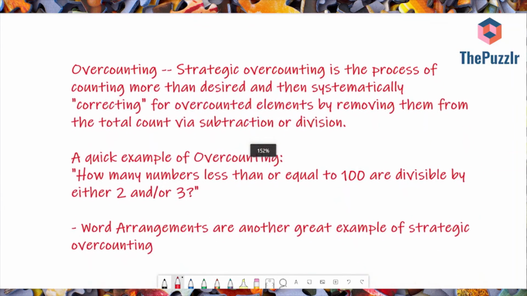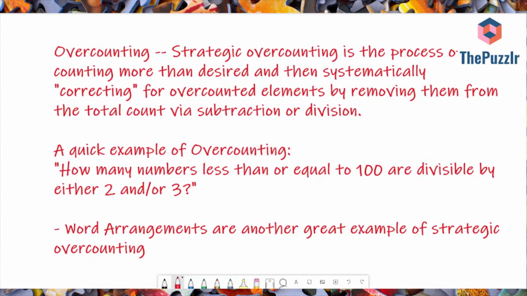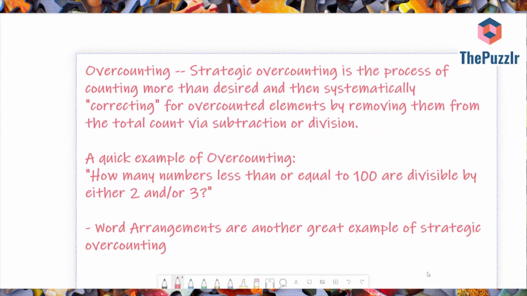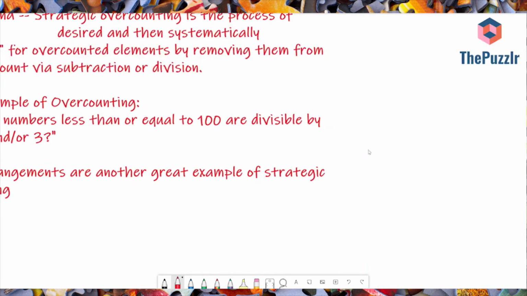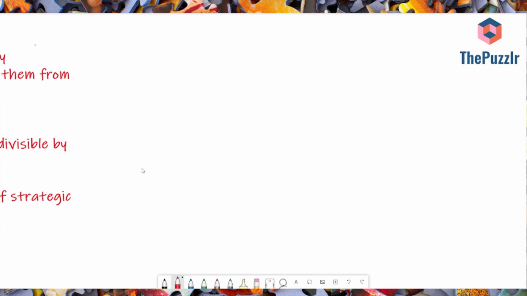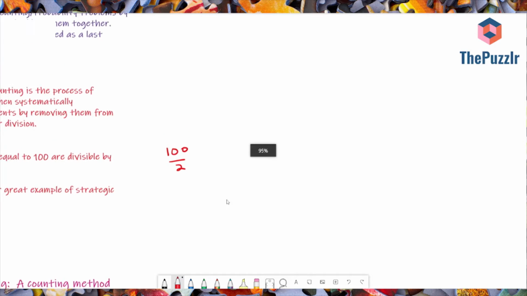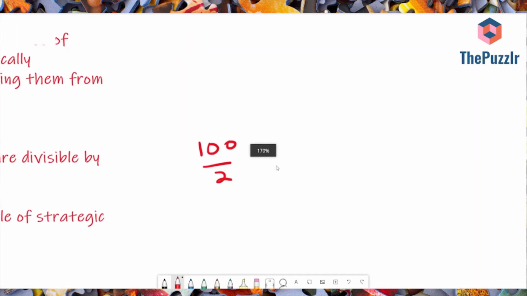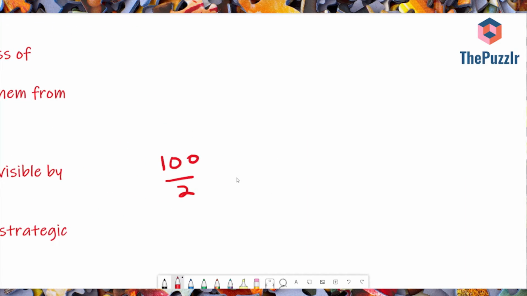So quick example of overcounting. How many numbers less than or equal to 100 are divisible by 2 and/or 3? So how many numbers are divisible by 2? 50. Or we can write it here, 100 divided by 2. Is 100 included? Yep, less than or equal to 100. So that's 100 over 2.